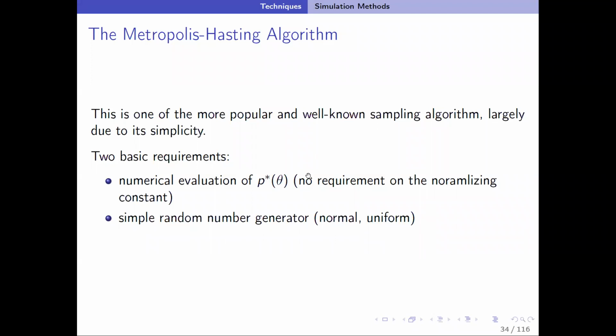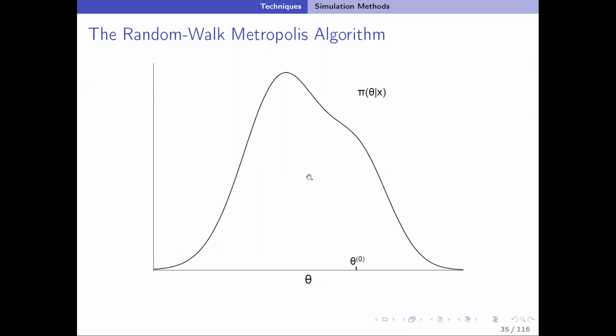Okay, so this is the picture that I want to show. Let's just imagine this is a distribution that we are interested in sampling from. Okay, and we start somewhere and call it theta 0. What Metropolis says is that I center on my theta 0, and I'm just going to use a random number generator function, a normal, centered at where I am, with some step size.